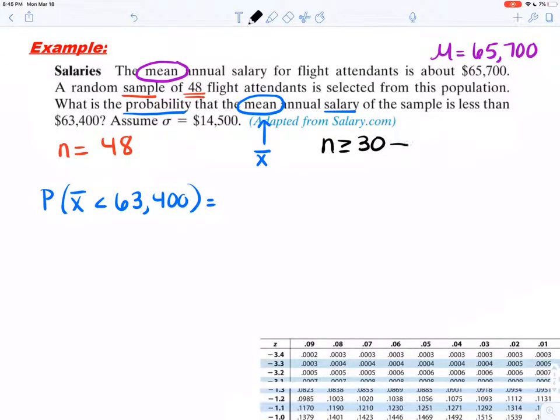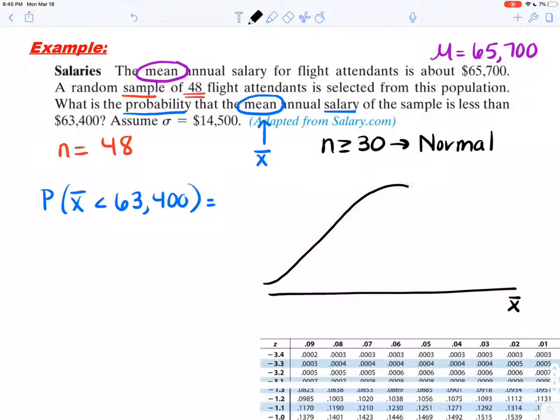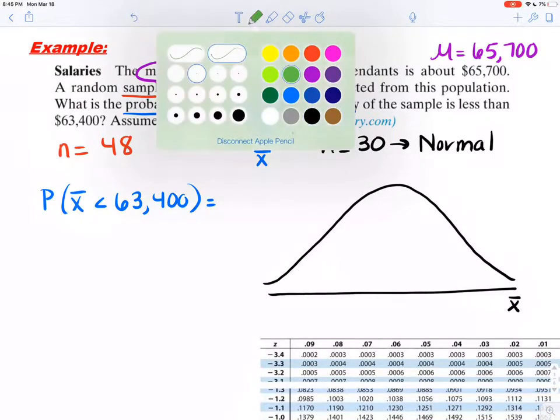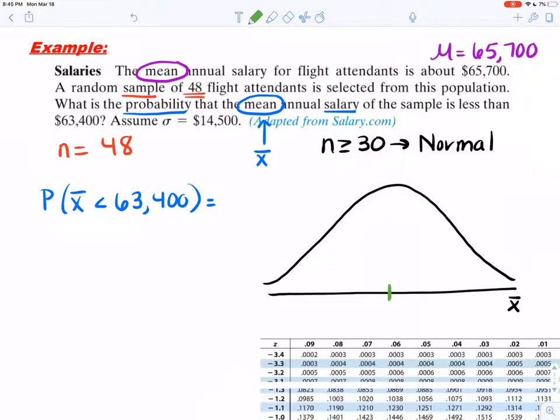Sample size is 30 or more. That tells me that I will be able to use a normal distribution. So if I wanted to sketch this out like I've done in the past, sample size greater than 30 tells me the sample means, the values of X bar, will follow a bell-shaped curve. And then I'm going to look at the defining values.